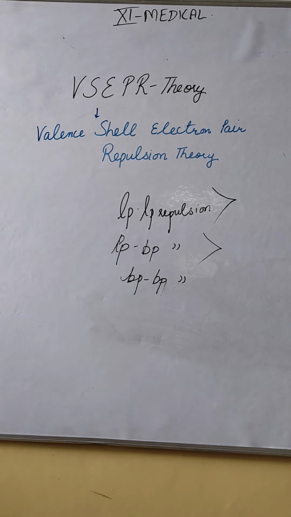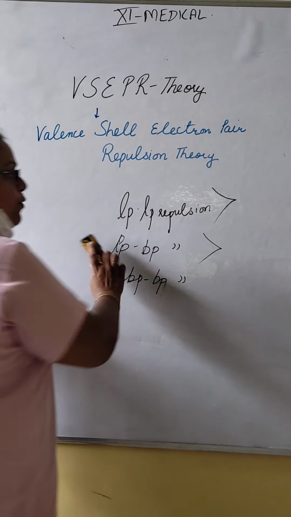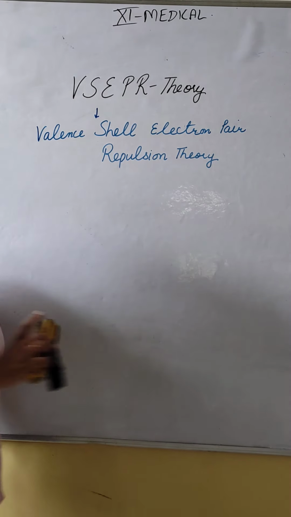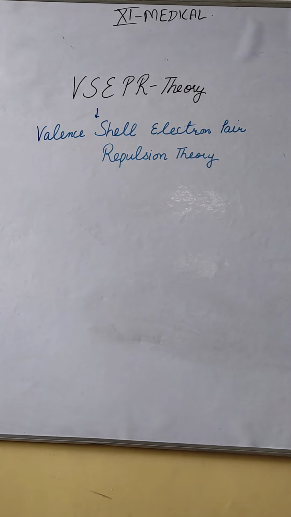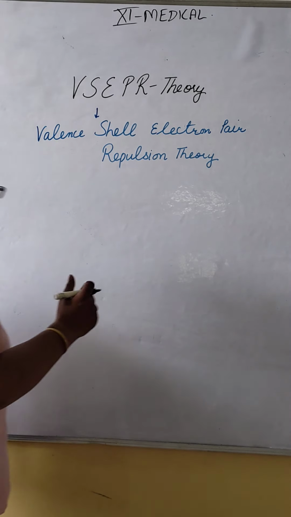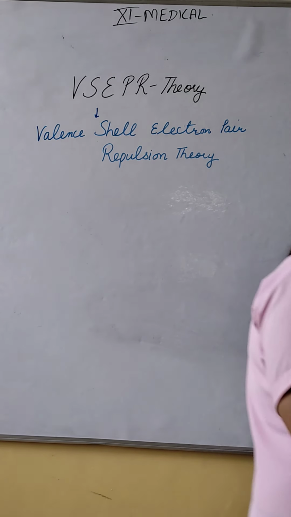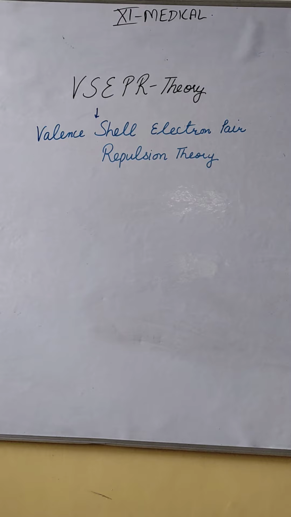But before moving towards cases in which lone pairs are also present, I will tell you one short trick to find the shape or to calculate the number of electron pairs. Don't write it in your exam paper, just remember this trick.